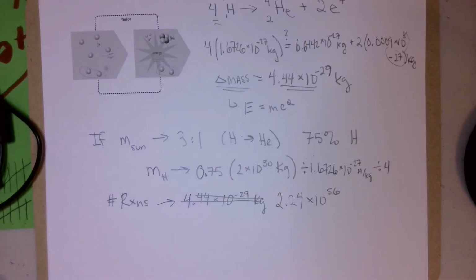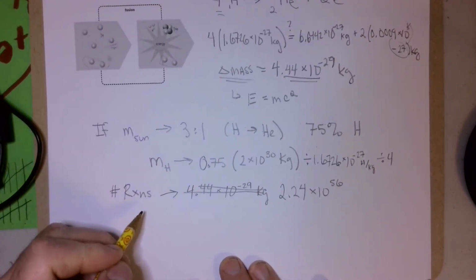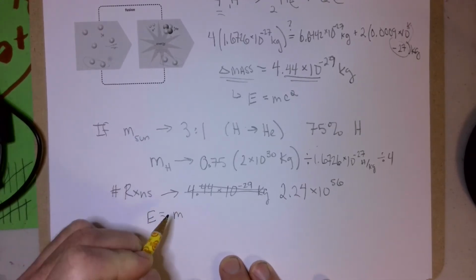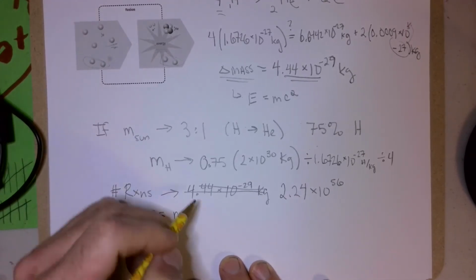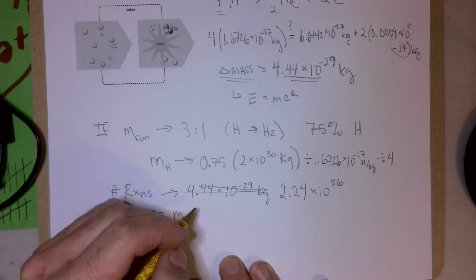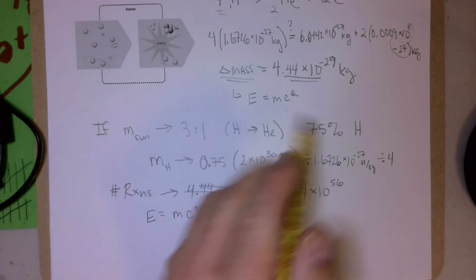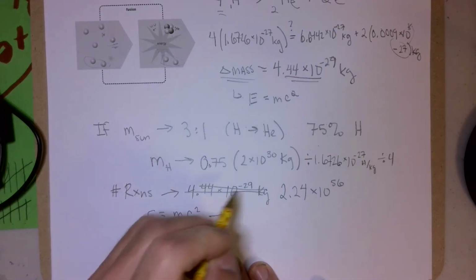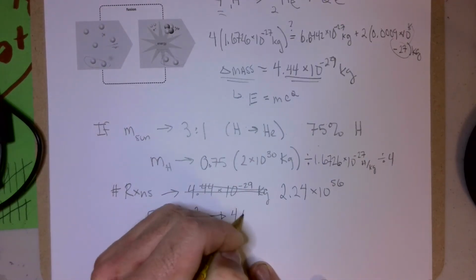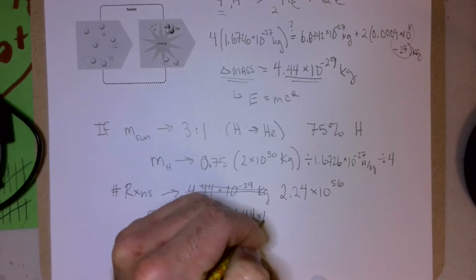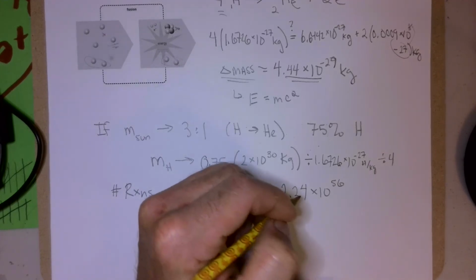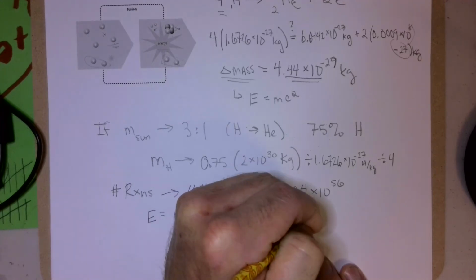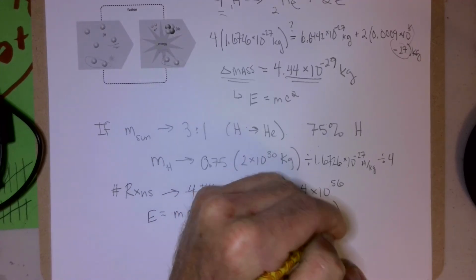Each of them is going to produce some certain amount of energy. So E equals mc squared. And the mass that we're using is this mass difference. So it is going to be the 4.44 times 10 to the negative 29th kilograms, very small, times the speed of light, 3 times 10 to the 8th squared.